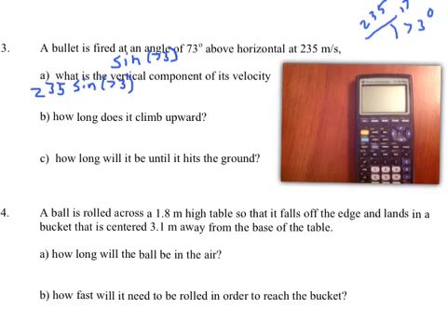When I do that, I'll find that the vertical velocity is about 225 meters per second. So of that 235, 225 is directed upwards. It's a pretty steep angle, so that shouldn't be too surprising.